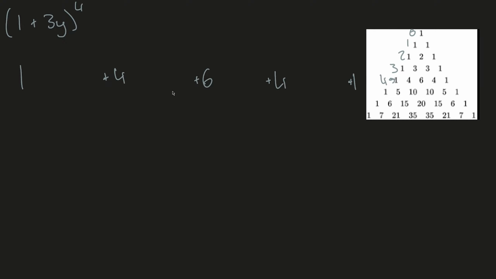Let me just add these pluses in. There we go. So this is going to be 1 to the 4, 3y to the 0. And then it's going to be 1 to the 3, 3y to the 1. It's going to be 1 to the 2, 3y to the 2. 1 to the 1, 3y to the 3.